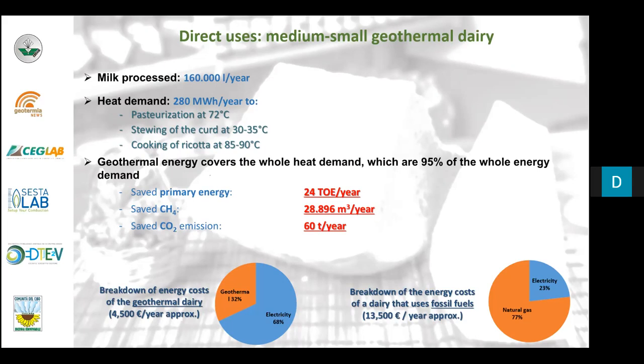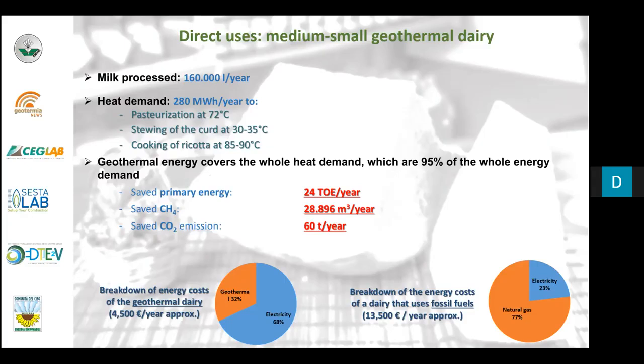The geothermal energy can allow to save 24 tons of oil equivalent per year, and can allow to save the consumption of about 30,000 cubic meters of natural gas per year, and to save the emission of CO2. Then we have the producers.